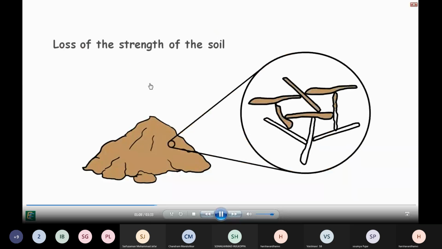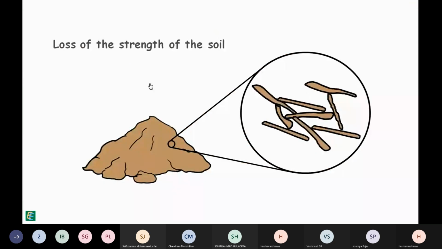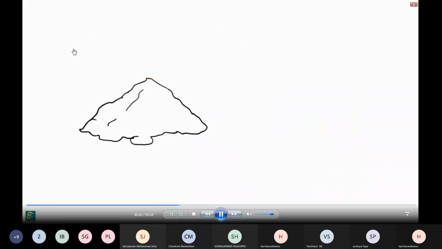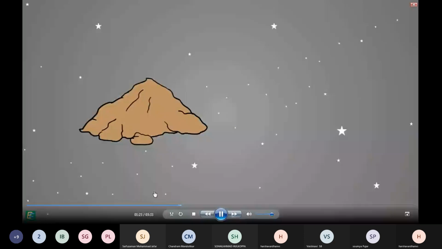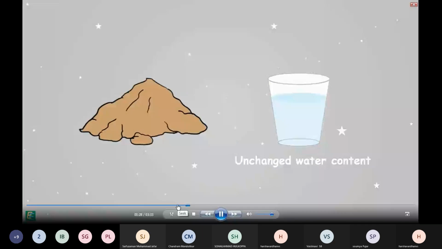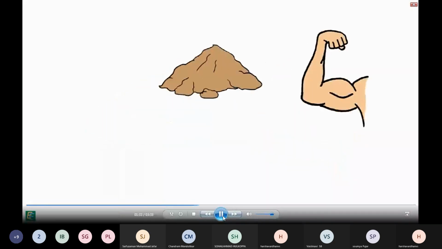Now, this loss of strength of soil happens due to a change in molecular structure, a change in the soil structure, and all these changes are happening at a constant water content and at a constant volume.